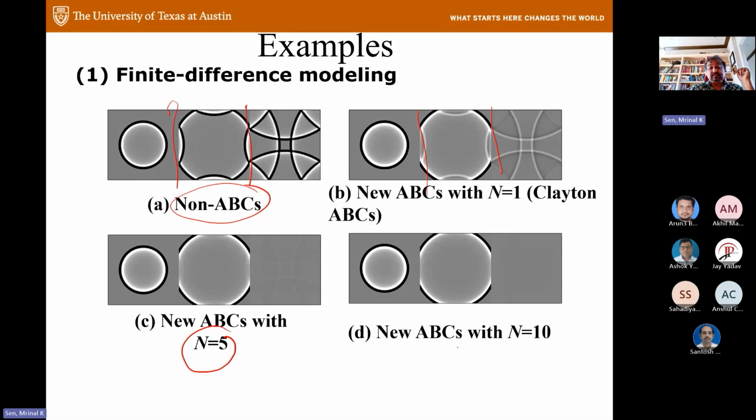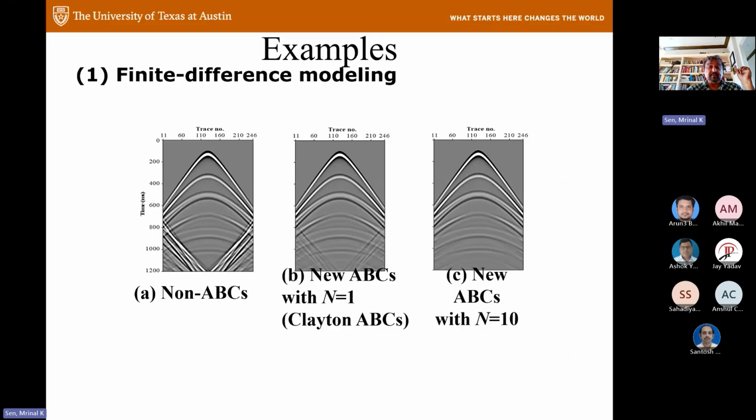But when we increased it to 10, we found that it works like a sponge, and it has absorbed a lot of these reflections. The advantage of doing this is that the algebra is very simple, and we don't have to use a complicated wave equation for applying this, compared to PML.